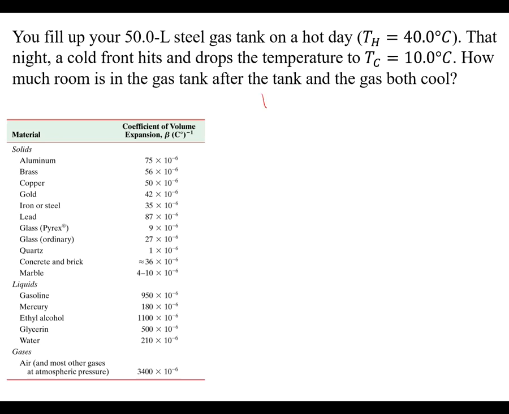Well, remember that our equation is now volume. We're dealing with volume since we're dealing with liquids. But the equation is essentially the same, just a different coefficient. Our change in temperature is going to be 40 degrees Celsius minus 10 degrees Celsius, which is 30 degrees Celsius.